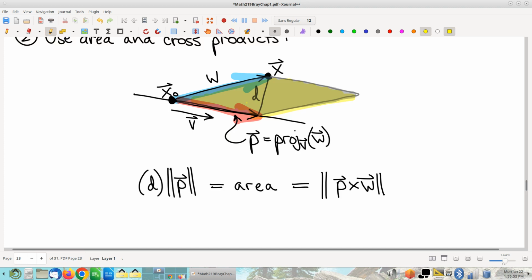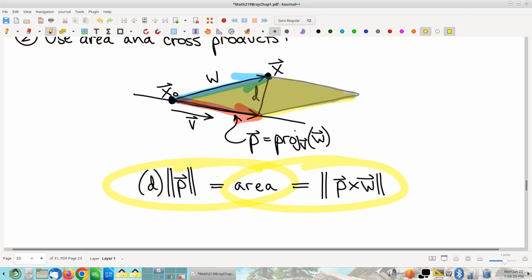If you find an unrelated object to what you're interested in, that you can compute in two different ways, at least one of which connects to what you're interested in, then you can end up inadvertently with an answer to a question. So I'm going to point out first that area is height times base. All right, old formula from high school geometry. I also know that area is the magnitude of the cross product.